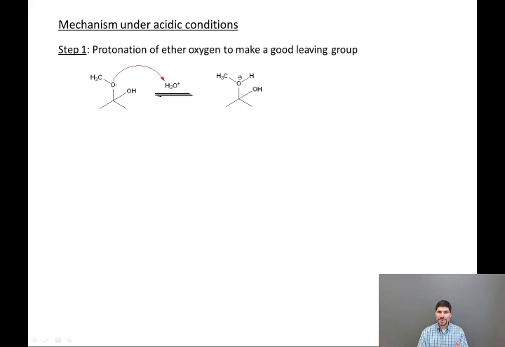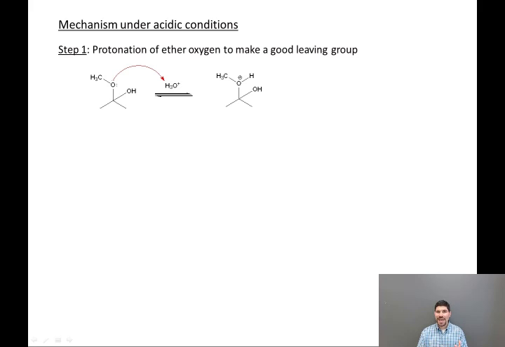We will first look at the mechanism under acidic conditions, and then we'll look at the mechanism under basic conditions, because as I said, this reaction takes place under both sets of conditions. So under acidic conditions, the first step is protonation of the ether oxygen to make it into a good leaving group.